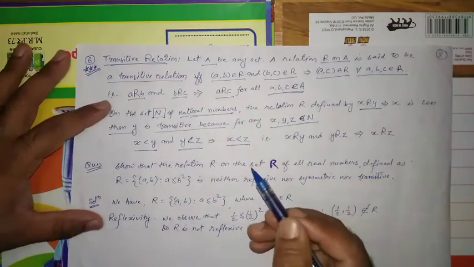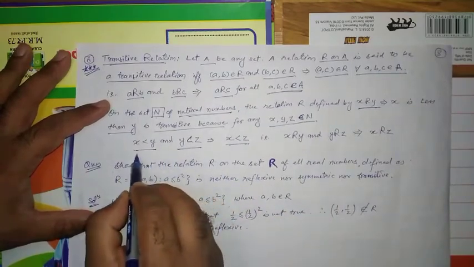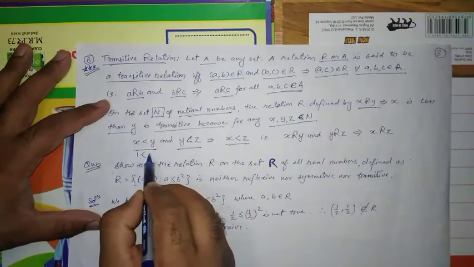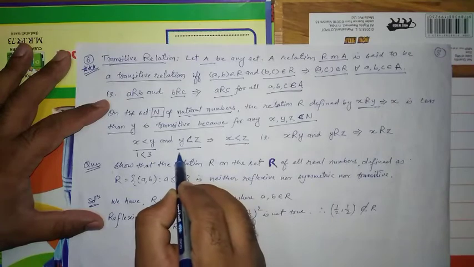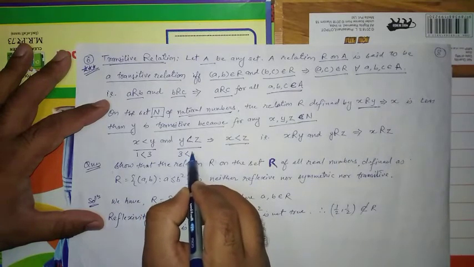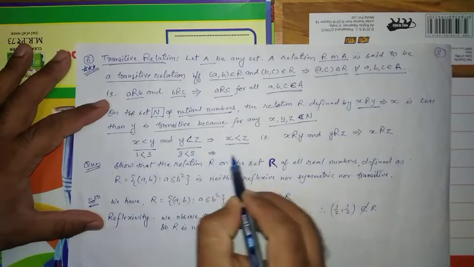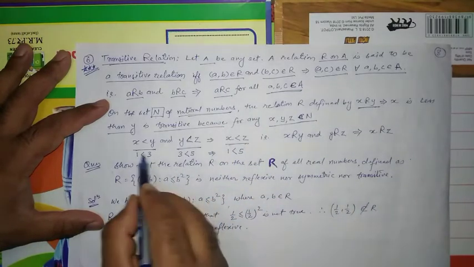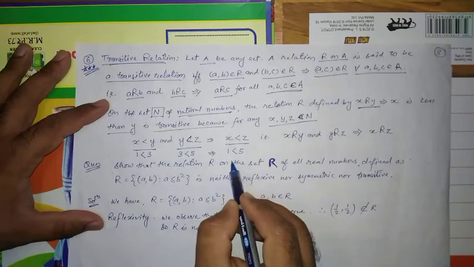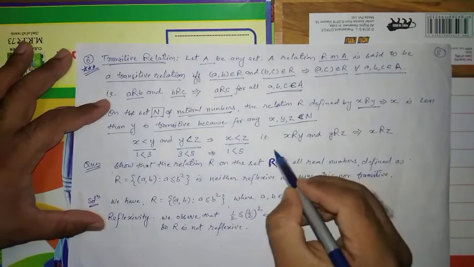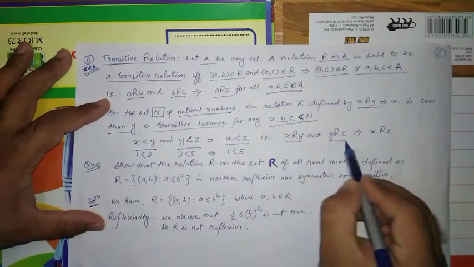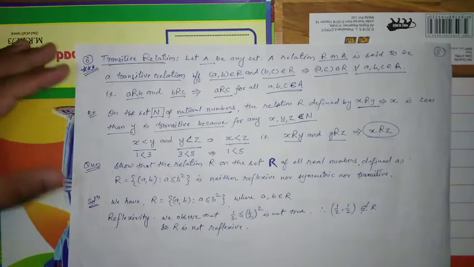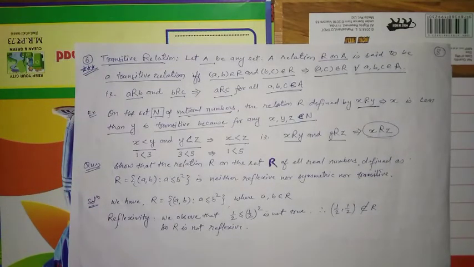For example, if I consider 1 is less than 3 and 3 is less than 5, that implies 1 is less than 5. This is just an example I have considered. The same thing happens over here. So this is nothing but a transitive relation.